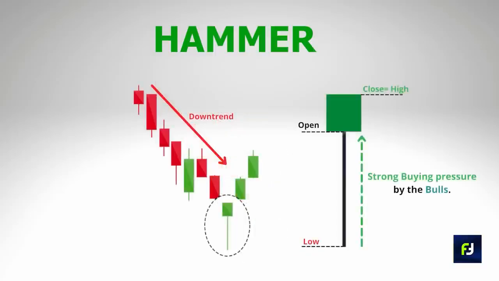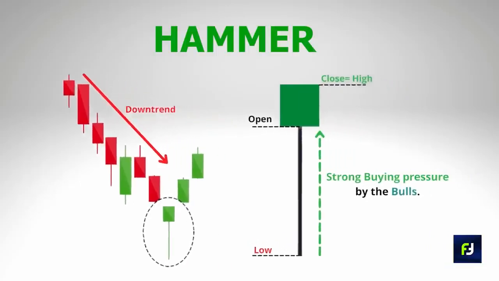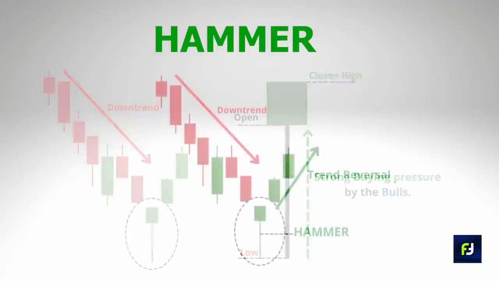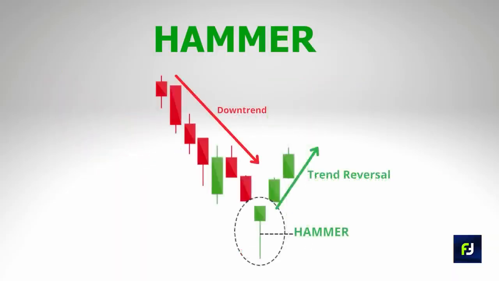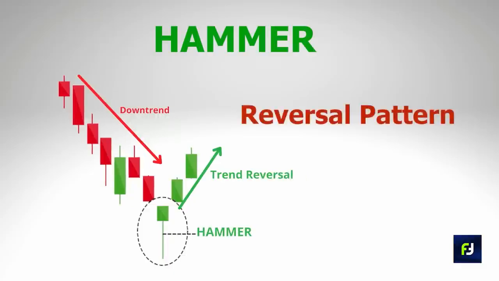The price action of hammer formation indicates that the bulls attempted to stop the prices from falling further down, which simply means that the bears tried to bring the market lower, but they did not succeed because the bulls generated a lot of buying pressure, so much so that the price closed near the open of the candle. This action by the bulls has the potential to change the sentiment in the stock. So we can say that the hammer is a reversal pattern, and a hammer pattern could indicate a bullish reversal in the market.